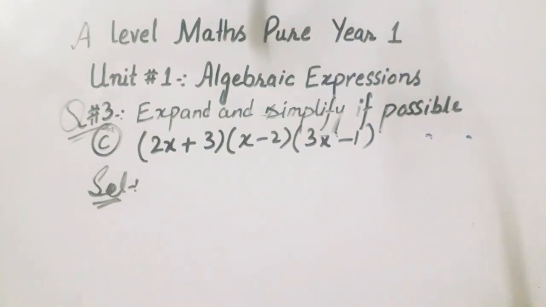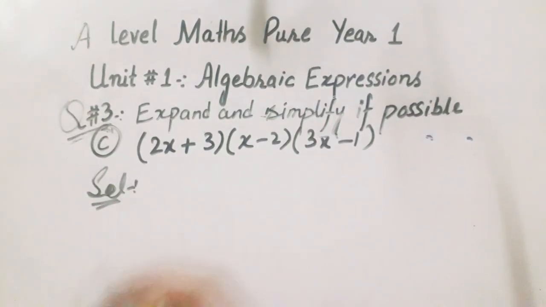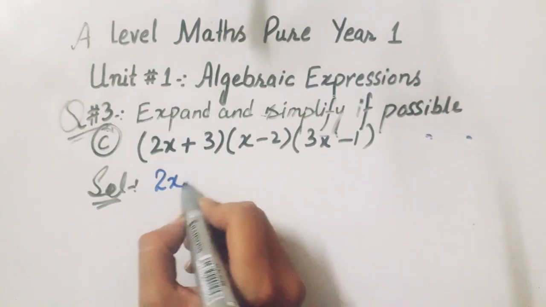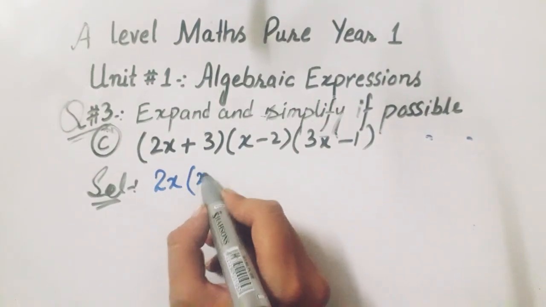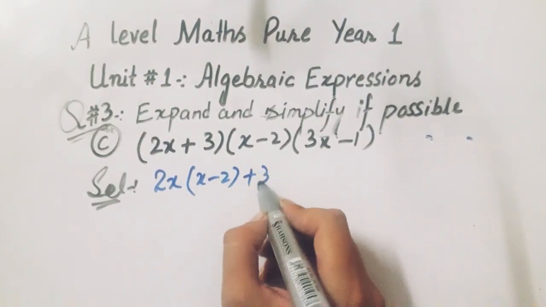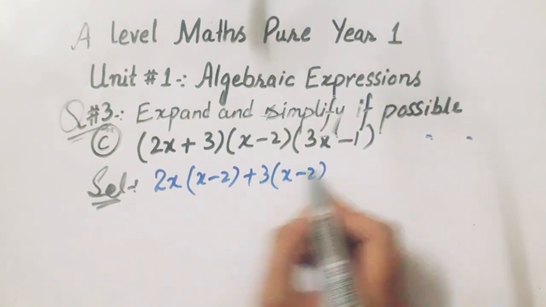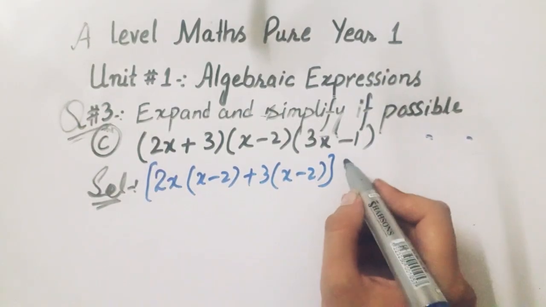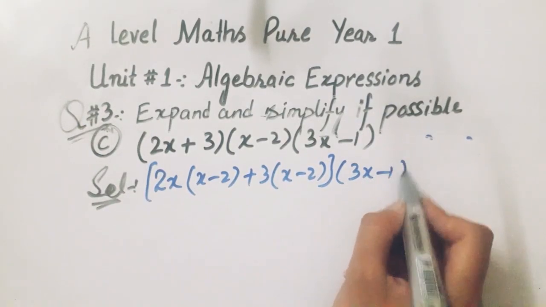So we will solve this. First of all, 2x is multiplied by x minus 2, plus 3 is multiplied by x minus 2, and this whole is multiplied by 3x minus 1.